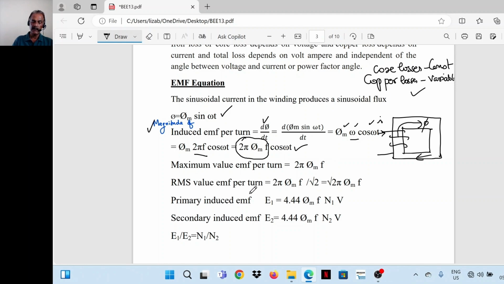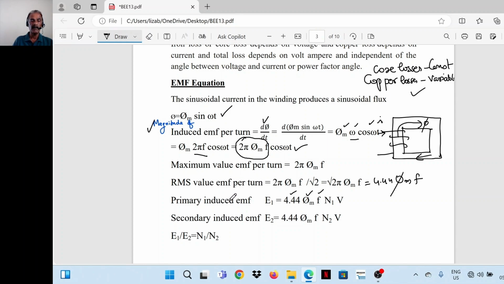So what is the RMS value? Maximum value divided by root 2. 2 pi f phi m divided by root 2 gives root 2 pi f phi m. Root 2 pi is 4.44. So this is equal to 4.44 f phi m, which is the RMS value of EMF per turn.